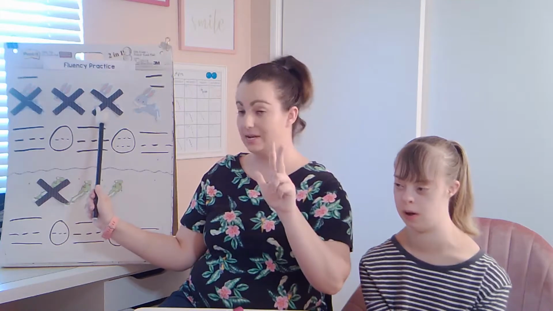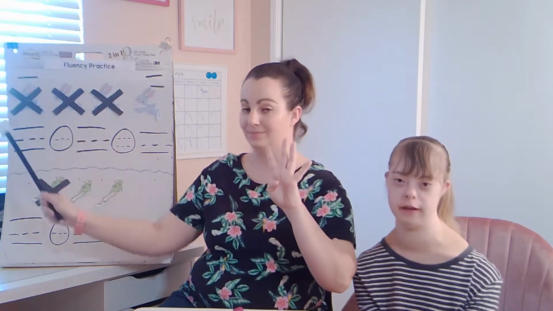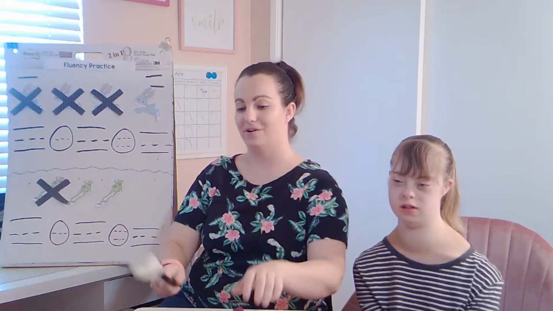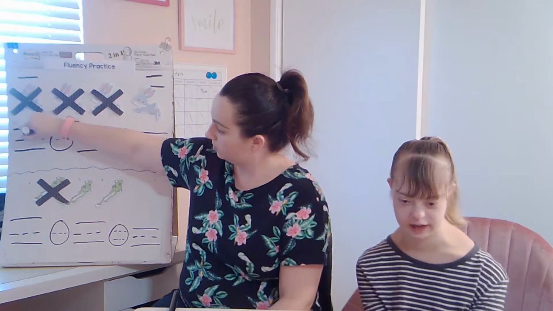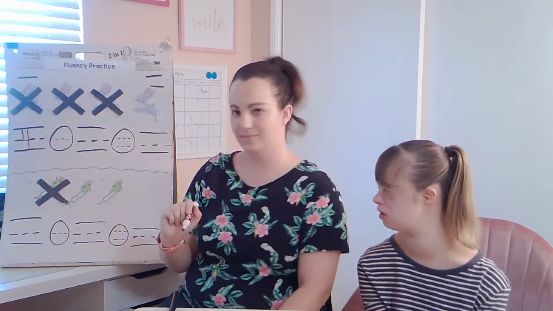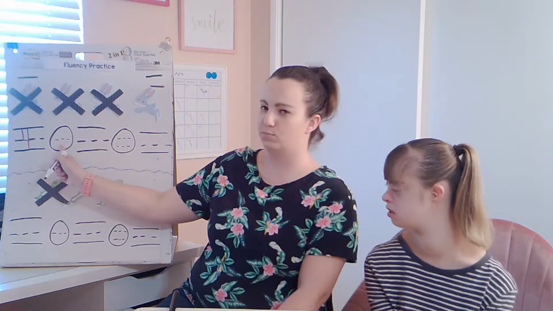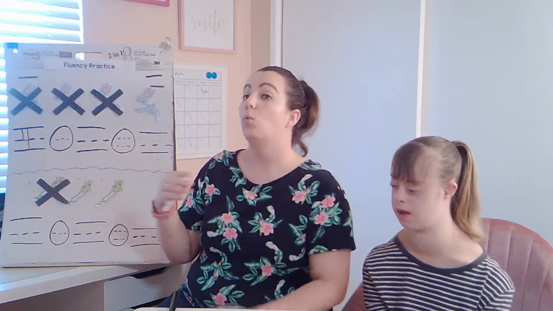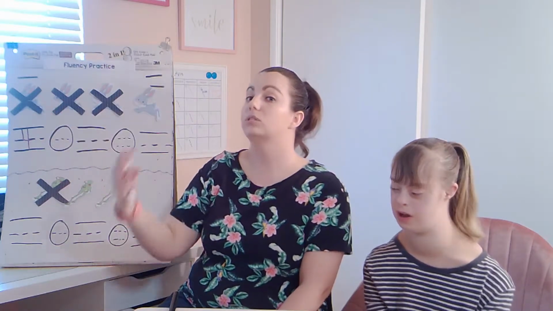1, 2, 3, 4. Good. How many do we start with? I say 4. 4. Very good. So you would write 4 here in the first spot. Then, I know on your learning packet it will already tell you, but let's try to remember, what sign do we use to show we have to take away, that we're doing subtraction?